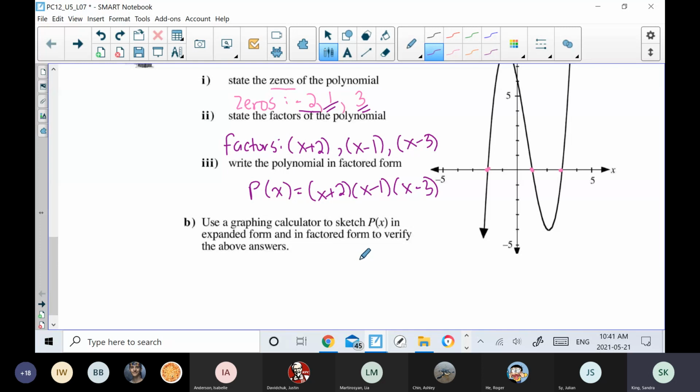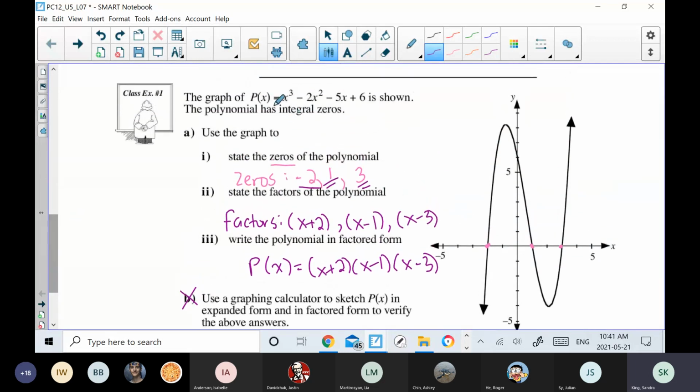Okay, it says use a graphing calculator to sketch P of x in expanded form and in factored form to verify. So we're actually not going to do this one, but you could do it later on if you want. If you put this guy into y1, you will get this picture here. And then, actually, this would be a really good check on an exam.